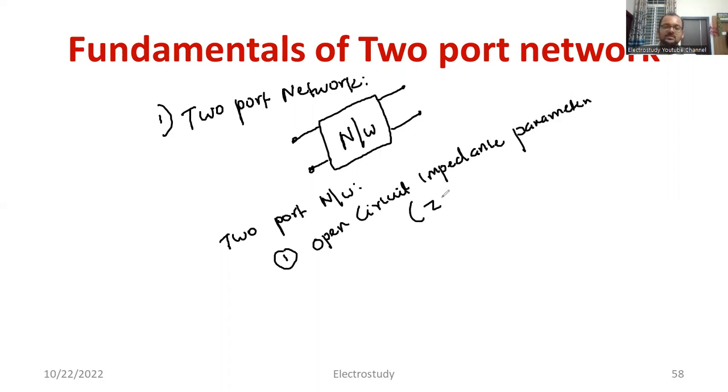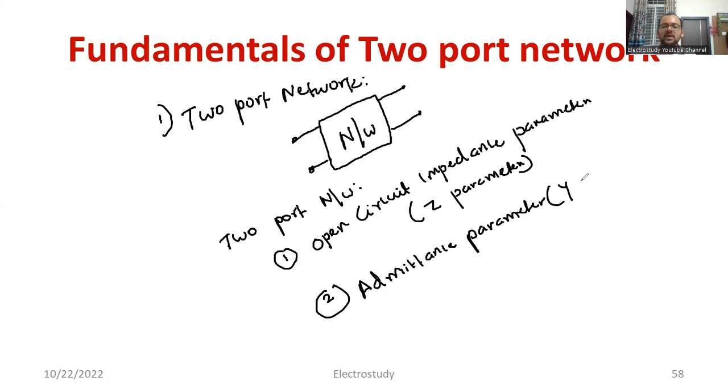Short form we can call it Z parameters. Make a note of this. Second one is called Y parameters or admittance parameters. It is also known as Y parameters. Important.